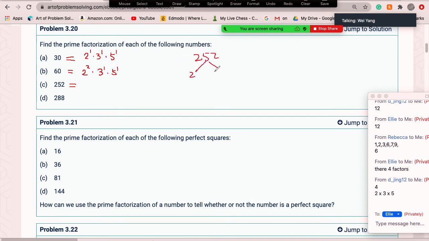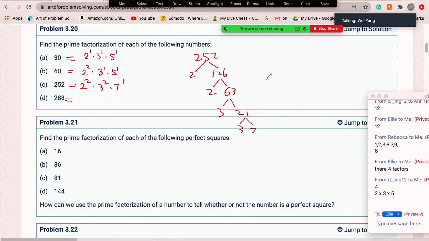First, divide by 2. You got 126. 126 is still an even number. You got 63. Then that's our number. Divided by 3, that's 21. Then 3 and 7. So that means this one equals 2 power 2 times 3 power 2, then times 7 power 1. Okay, very good. Now 288.